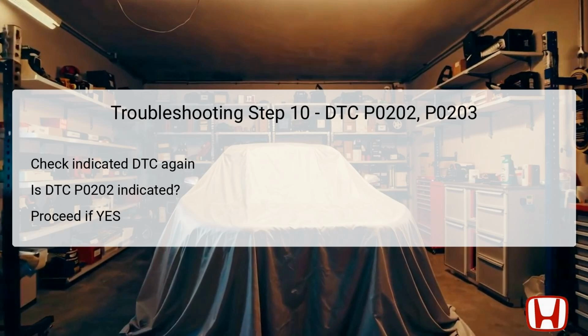Proceed to the next steps, which include further diagnostics surrounding the injector circuits. If the DTC P0202 does not appear, refer to additional tests to determine whether another component or failure type is responsible for the injector malfunction. It is crucial to ensure the accuracy of these readings to direct the troubleshooting path effectively.